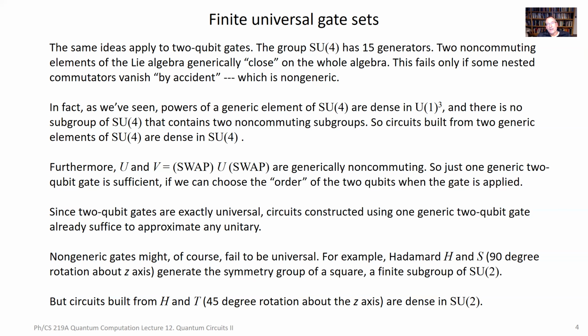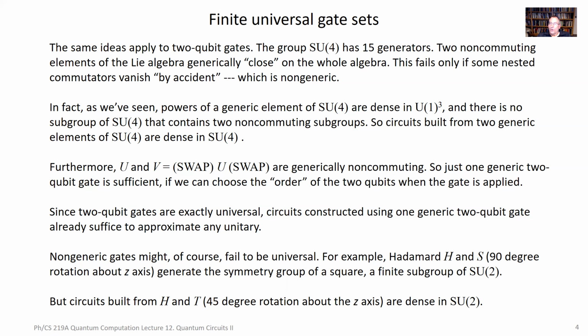So if I want density, I want to be able to get as close as I please to any element of the 2-qubit unitary group, that's SU4. The Hilbert space of 2 qubits is 4-dimensional. And if I can get as close as I want to any element of SU4, because I don't care about that overall phase, then I can build circuits from those guys to get as close as I want to the unitary acting on n qubits, right?